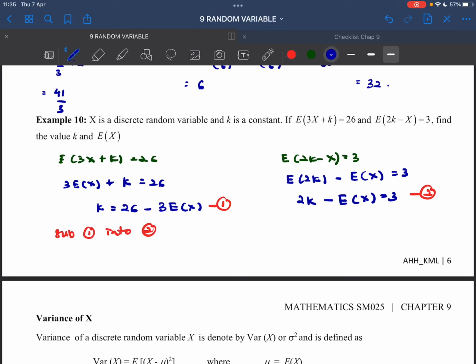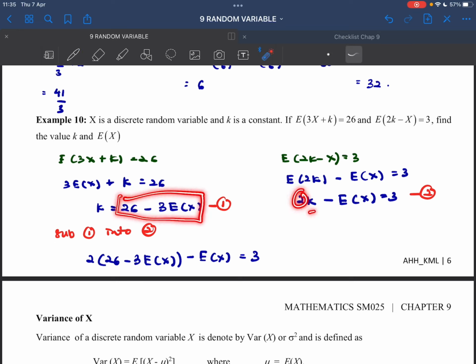So we'll have 26 minus 3 EX minus EX equals 3. Okay, right? This is our k: 26 minus 3 EX minus EX equals 3.